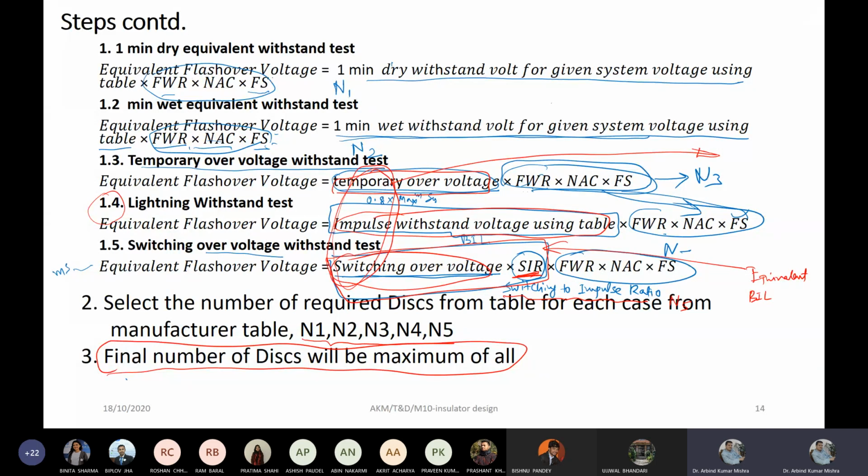You need to justify these things. And higher the neutral grounding, your BIL will also increase and your switching surge ratio will also increase. If you are able to answer this question, I understand that you have understood whatever we have discussed over the last 4 classes. That's why I am giving you this as a third assignment.